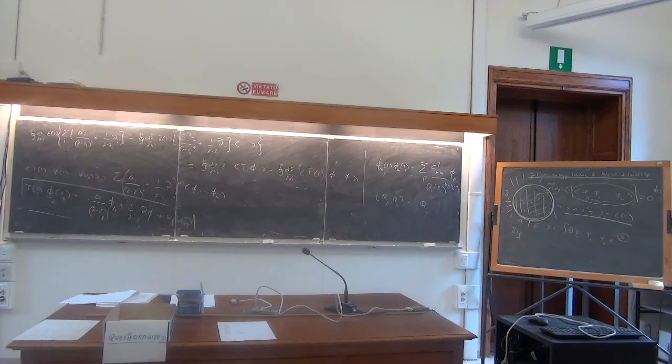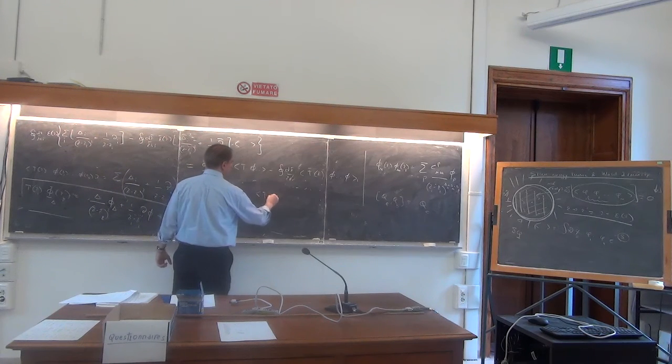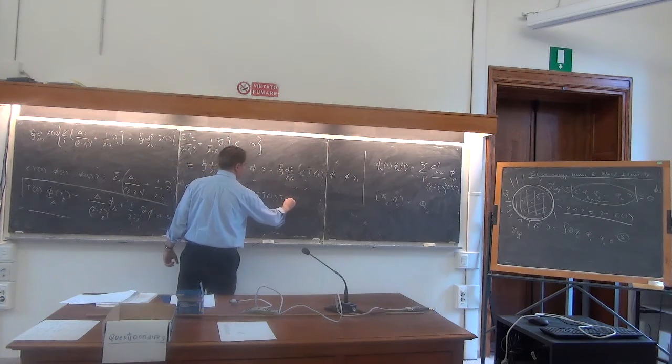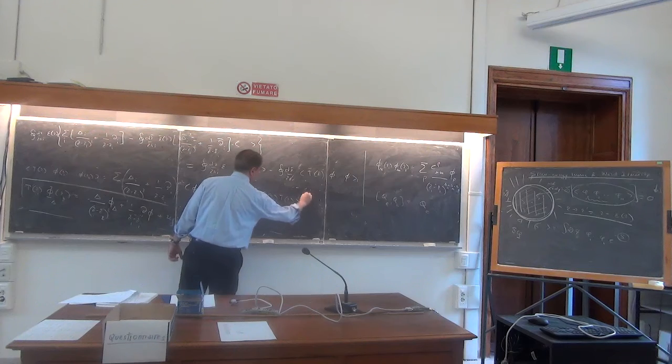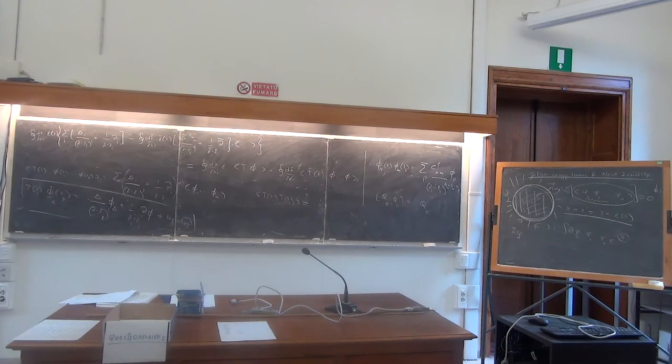Now, if this object has dimension 2, what is its two-point function? It is something with the fourth power: 1 over z1 minus z2 to the fourth power. Clear to everybody?